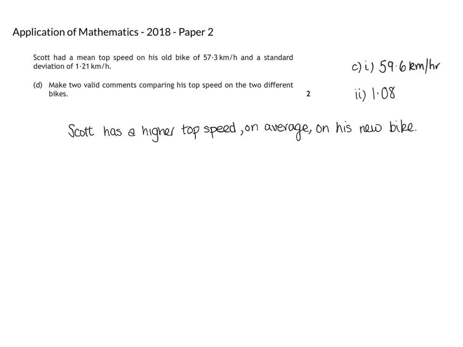Okay, so just making a comment to say that the mean is higher is not enough. You have to state it with the context of the question. It's talking about the speed and it's talking about the bike, so your sentence has to speak about those 2 things. And then for our second comment, we have to look at our standard deviation. Standard deviation, remember, is about how consistent or how varied our results are.